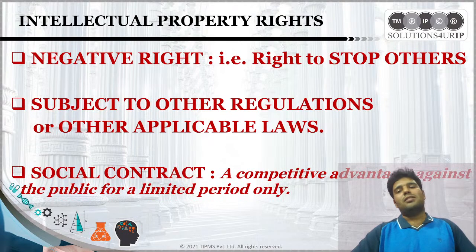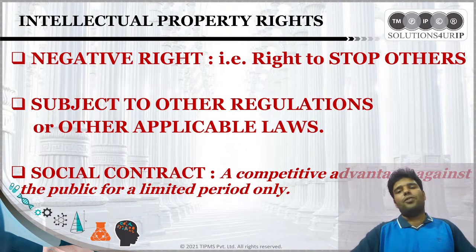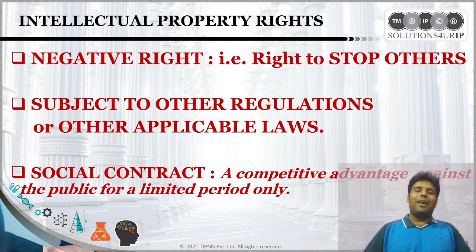The law says what the eligibility criteria are for that particular intellectual property right. So only if you satisfy those eligibility criteria, you get the exclusive right in your favor. Otherwise you will not get. You will apply but you will not get.